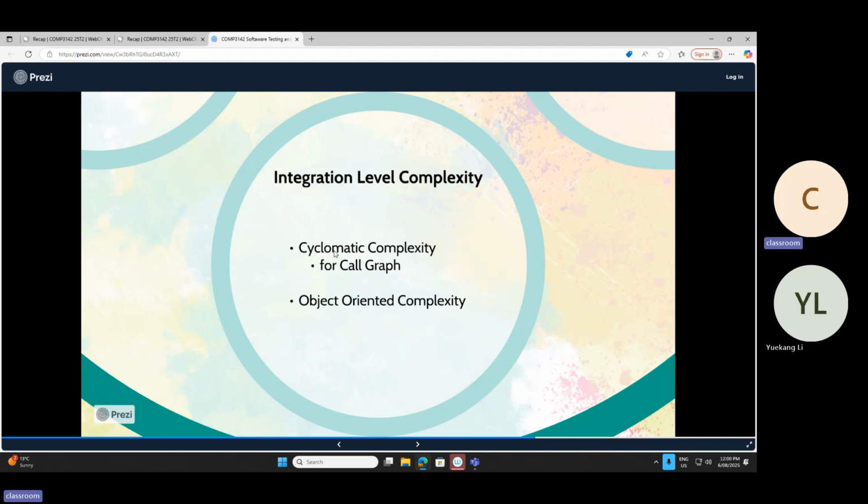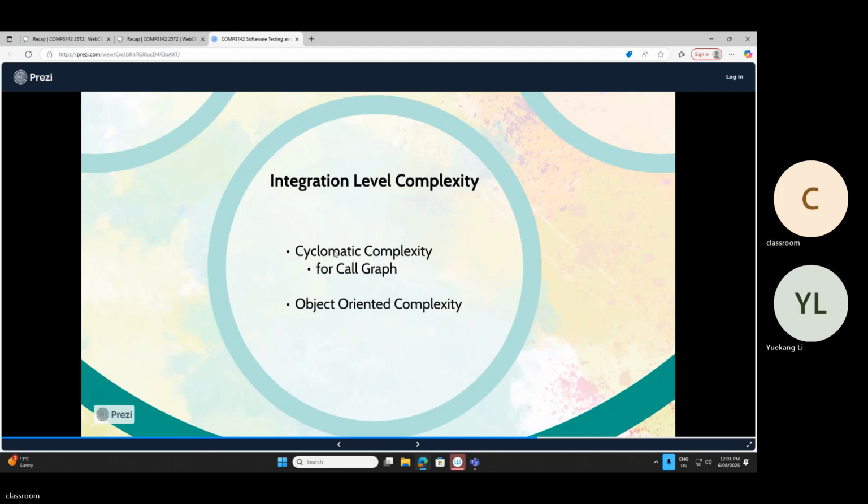And we also learned several metrics for calculating the complexity of object-oriented programs, which are related to different characteristics of the different concepts in OOP.